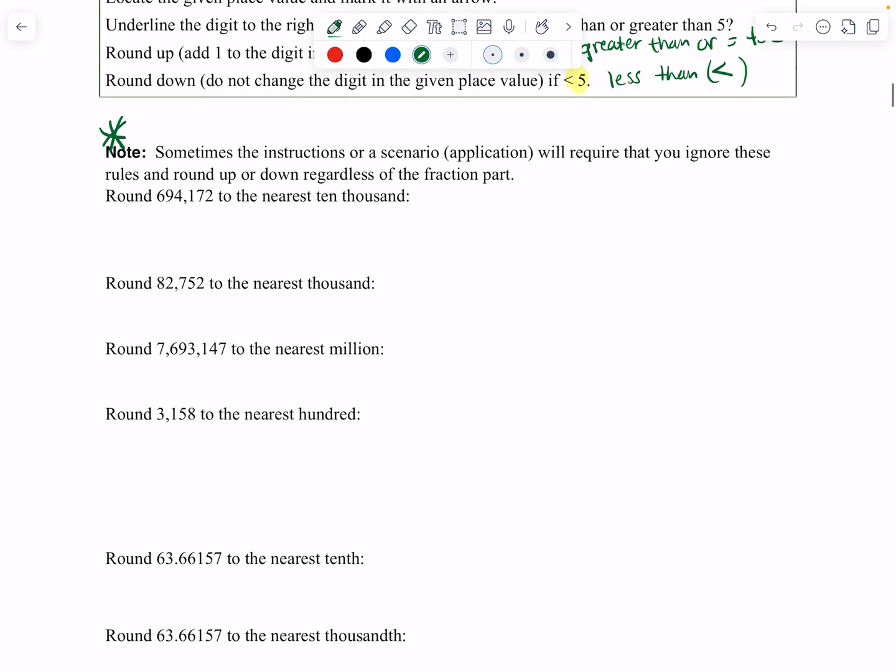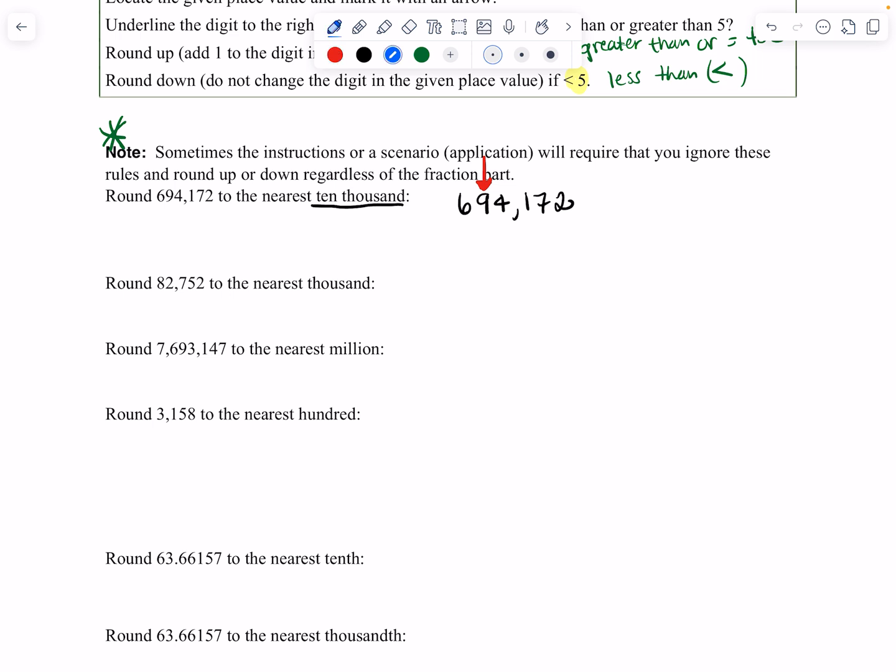So let's look at the first one. Round 694,172 to the nearest 10 thousandths. I'm going to quickly rewrite this. So 694,172. And I'm looking for the 10 thousandths value. The 10 thousandths is the value 9. 9 is in the 10 thousandths place.